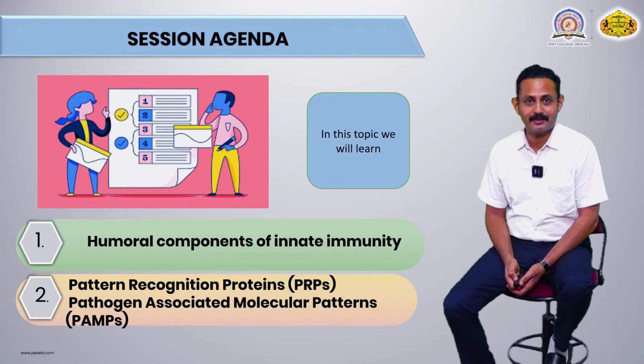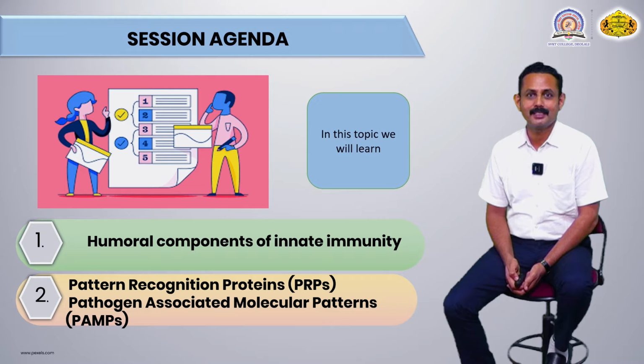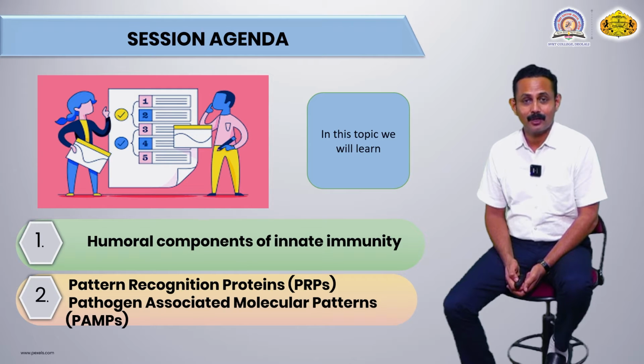We will focus mainly on pattern recognition proteins, famously called PRPs, and pathogen associated molecular patterns, that is PAMPs. Now let us see in detail each of these humoral components, their location, their working, where they are secreted, and the actual mechanism of how they destroy the pathogen.